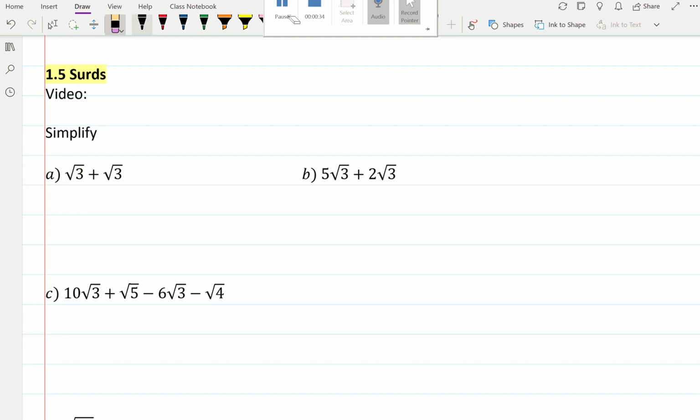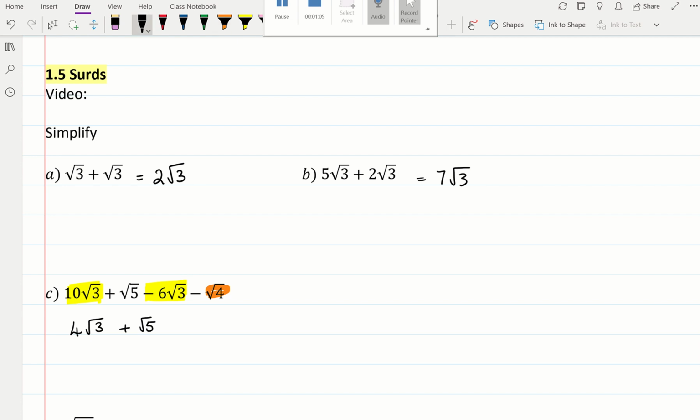The same with surds. You can only add and subtract like surds. So 1 root 3 plus 1 root 3, the 1 is invisible, is 2 lots of root 3. 5 root 3 plus 2 root 3 is 7 lots of root 3. And here I've got 10 root 3 minus 6 root 3 as like terms. 10 take away 6 is 4 root 3 plus root 5 minus root 4, and you have to spot the square numbers.